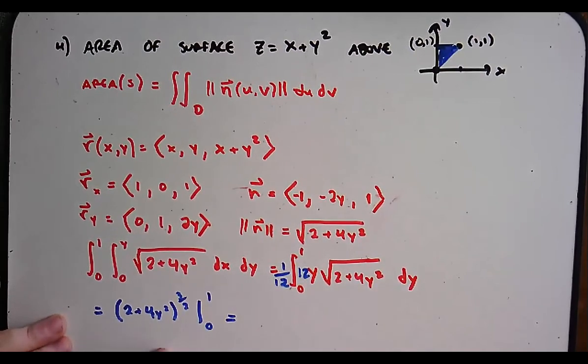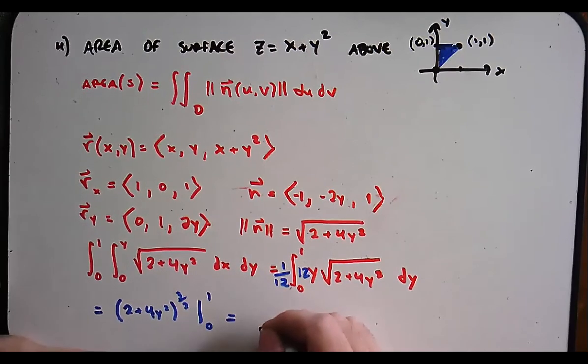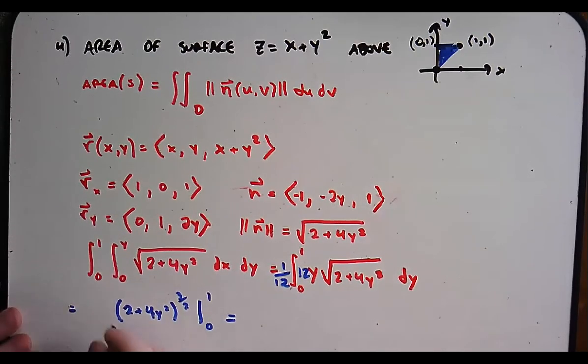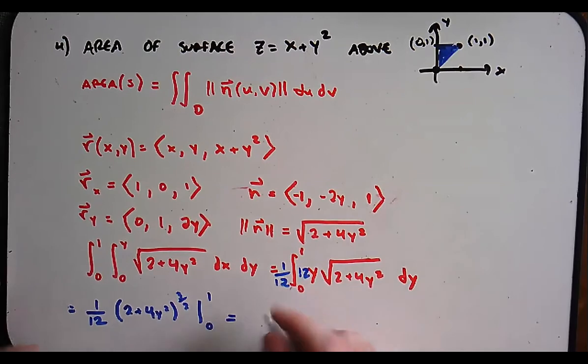And so evaluating that at 1, we get 2 plus 4 to the 3/2. So let's see, 4 to the 3/2, that would be, I think, just 8, right? Let's see. Sorry, I forgot our fraction here. We have that 1/12. Okay, and so we have 2 plus 4 times 1 squared to the 3/2. So sorry, that would be 2 plus 4 is 6 to the 3/2 power.